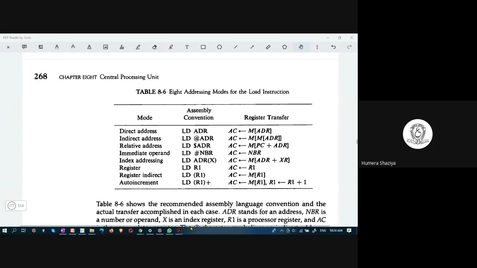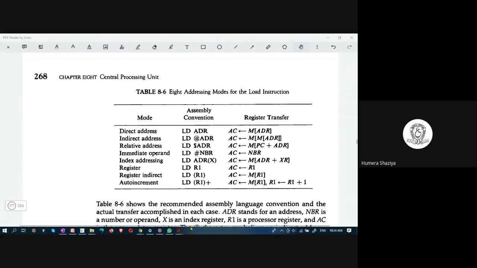Register implies that the operand resides in a register. Here it is R1, AC equal to R1. Register indirect means that the register holds the address in the memory which holds the operand. So M of R1.